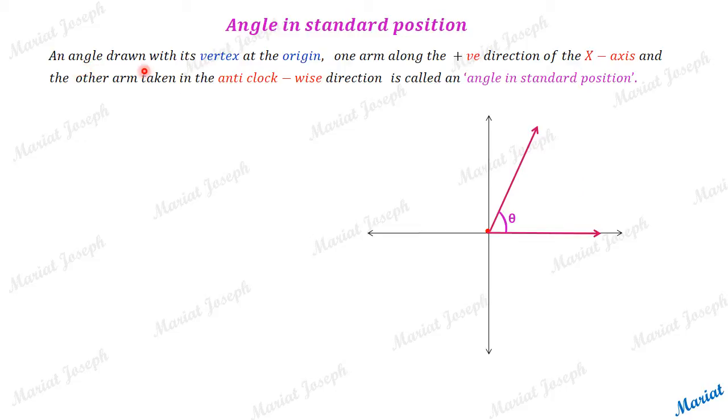An angle drawn with its vertex at the origin, one arm along the positive direction of x-axis and the other arm taken in the anti-clockwise direction is called the angle in standard position.